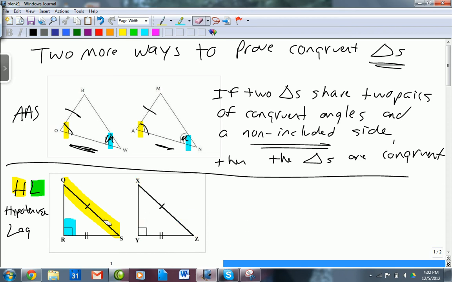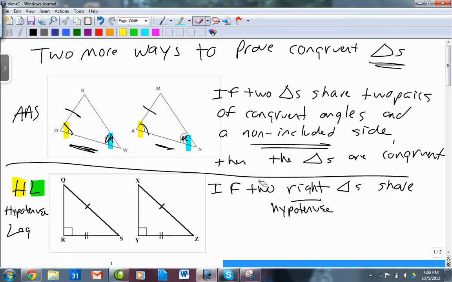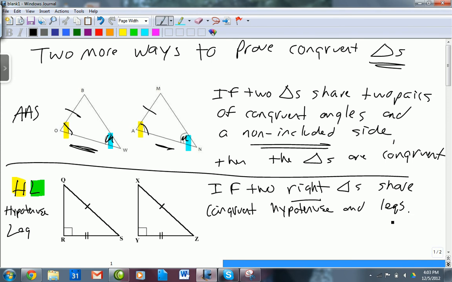Let's generalize this. What HL says is, let me be more specific: if two right triangles, that has to happen, share congruent hypotenuses, sorry, I'm a little tired, congruent hypotenuses and legs, then the triangles are congruent.